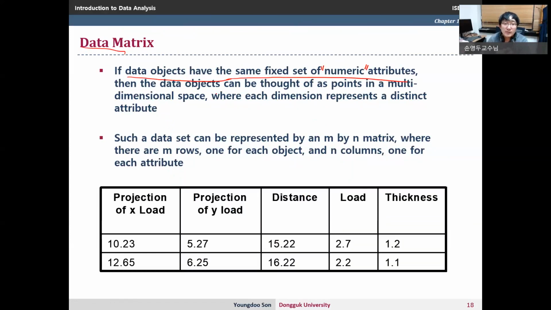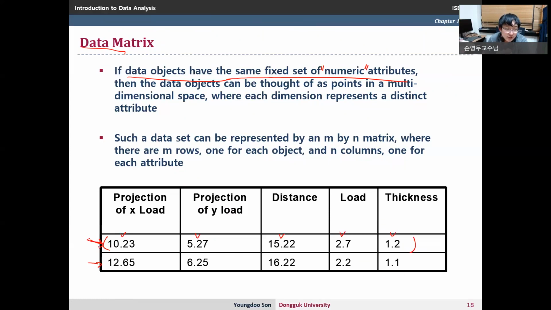Then the data object can be thought of as a point in a multidimensional space, where each dimension represents a distinct attribute. So here, for example, this one is one record and this one is one record, and all of them have fixed attributes, and these attributes have numeric values.